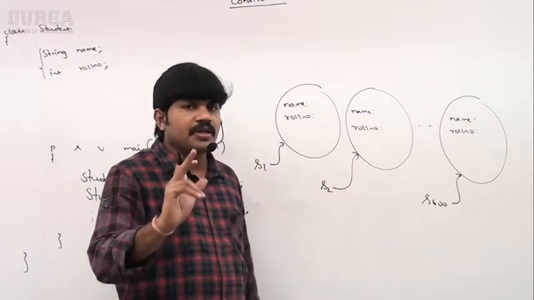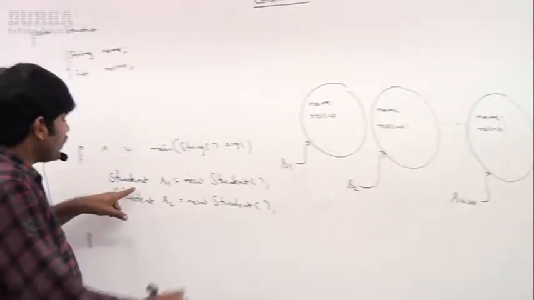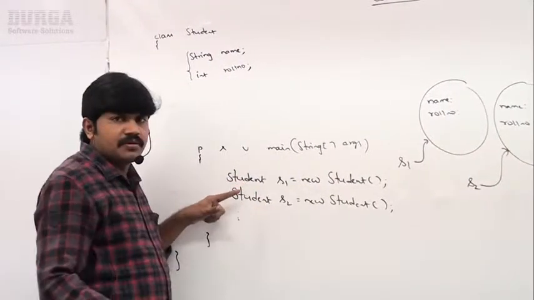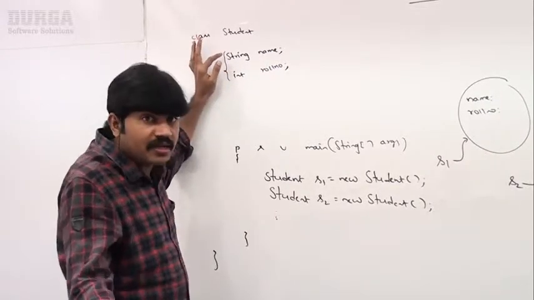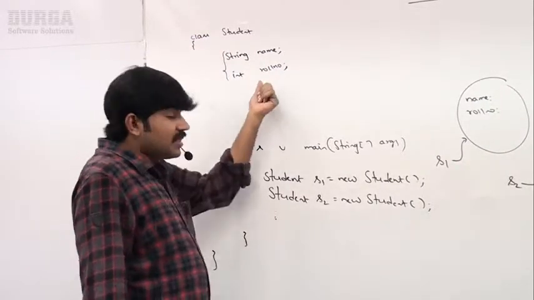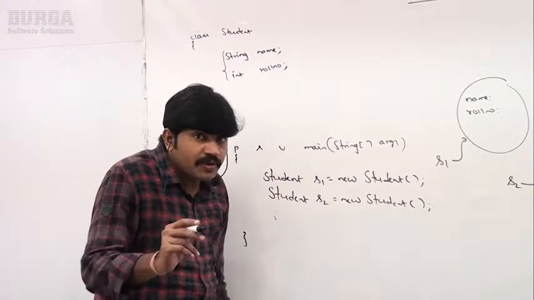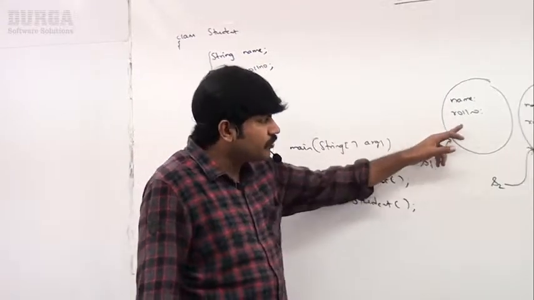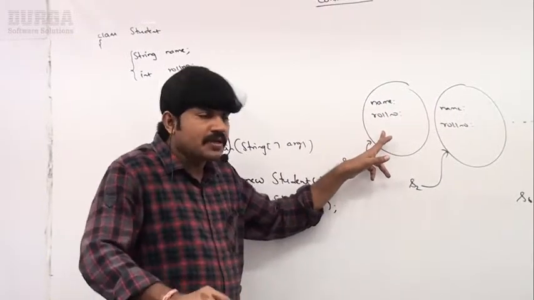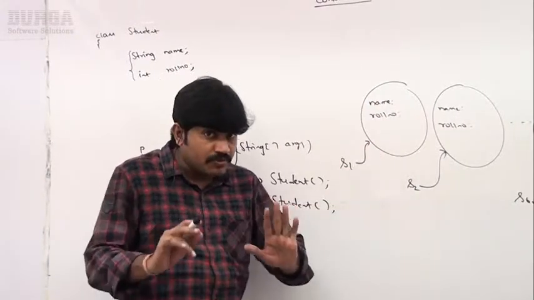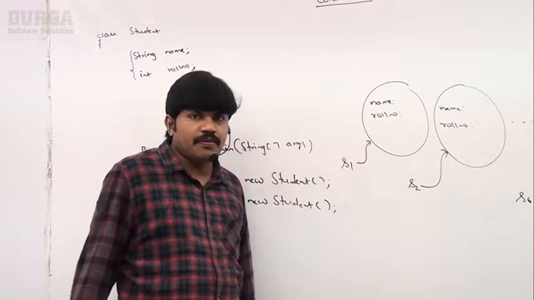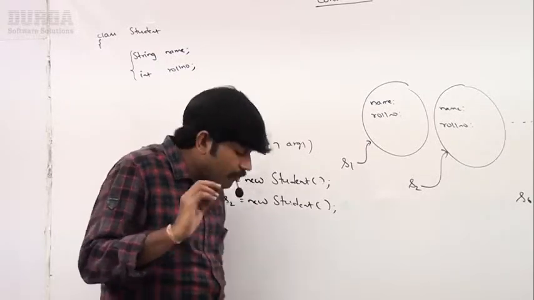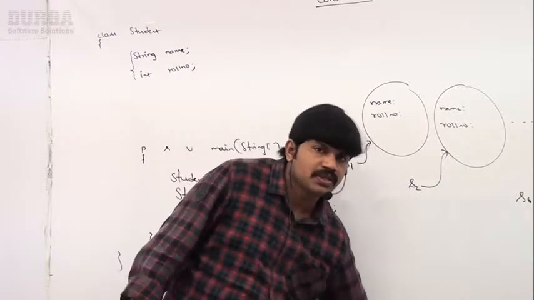Now we are just creating student objects, but we are not performing initialization. We are not assigning the value of name or roll number. So whenever we create an object, a separate copy of the instance variables is created, and default values are provided by the JVM.